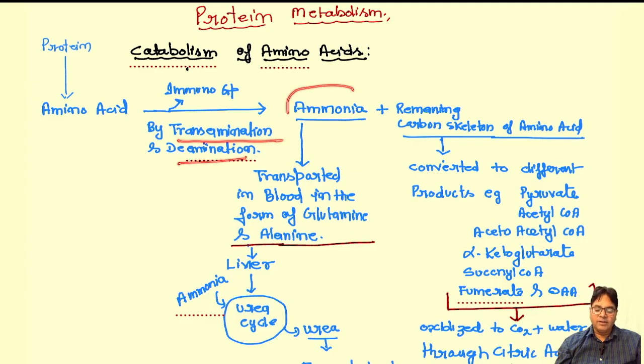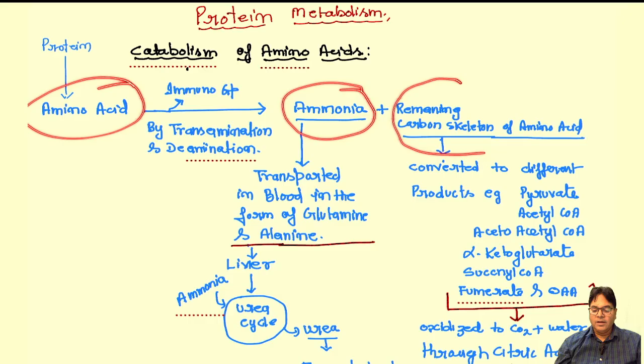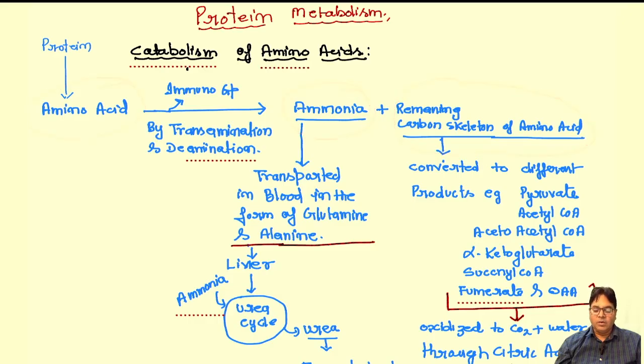And then finally there is formation of ammonia and the remaining carbon skeleton. So these amino acids are catabolized into ammonia and the remaining carbon skeleton. Now I will be talking about ammonia, what happens to ammonia, where it goes, and what different forms this ammonia is converted into through this video.